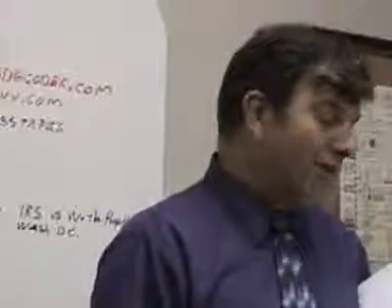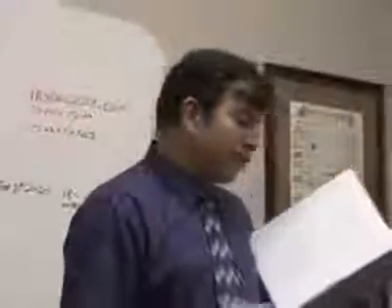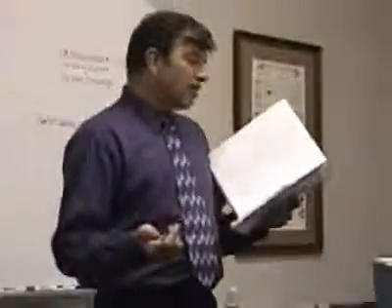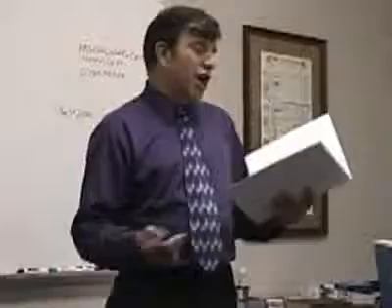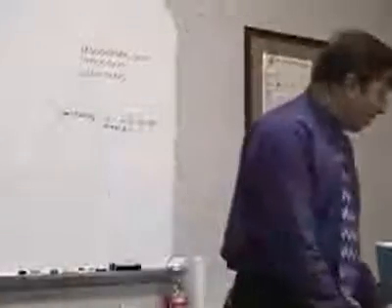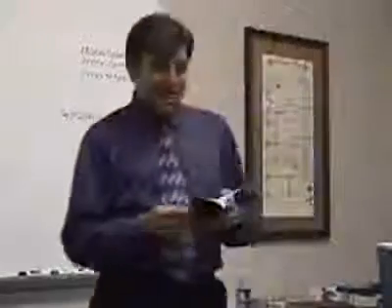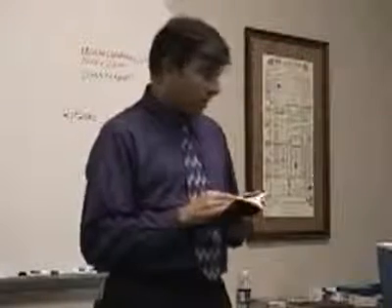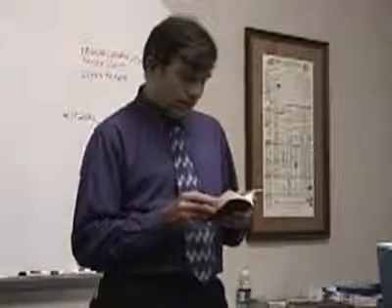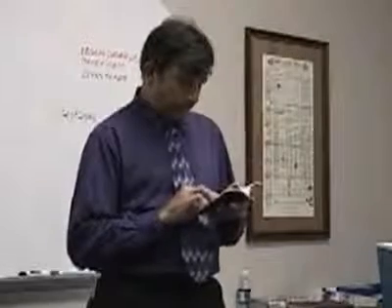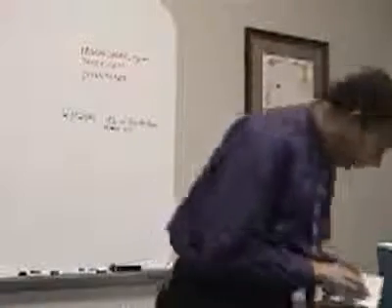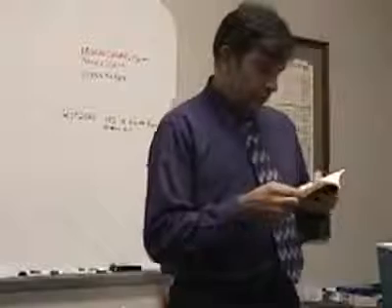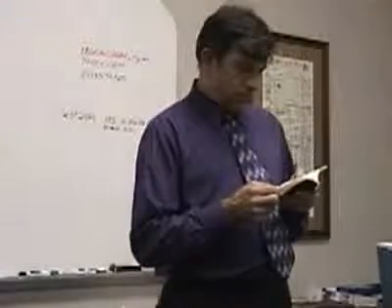Article 5 is on page 35. It says, all debts and engagements shall be valid. Why did they have to put that in? Why is that in Article 5? Could we back up just a minute? Sure. Okay, in this Article 5, down here at the bottom, it says, no state without its consent shall be deprived of its equal suffrage in the Senate.